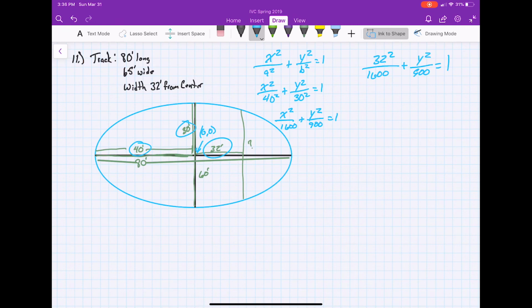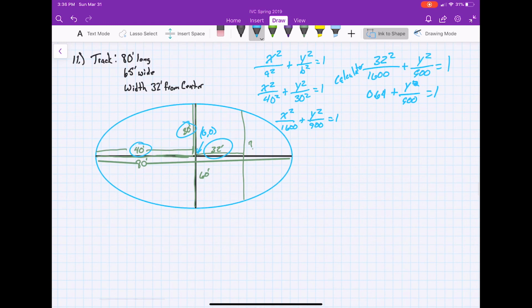We are going to definitely bust out the old calculator here. Calculator time. 32 squared divided by 1600. I can't spell calculator and type on a calculator at the same time. This is all going to equal 0.64 plus y squared over 900 equals 1.